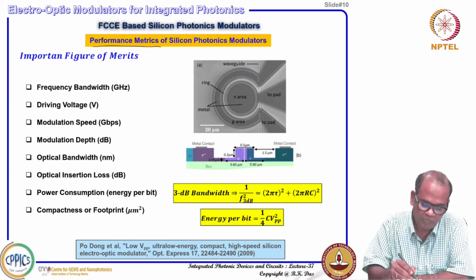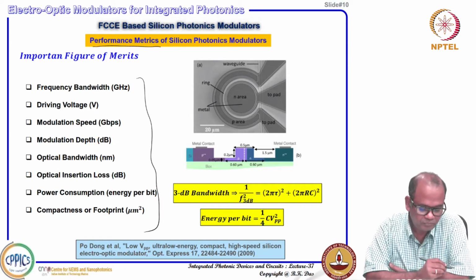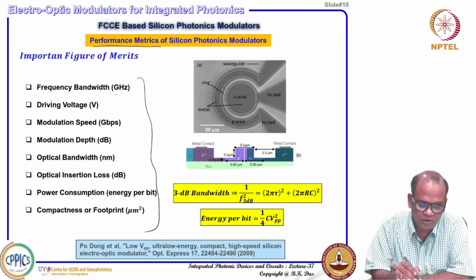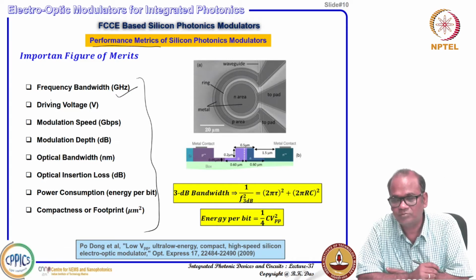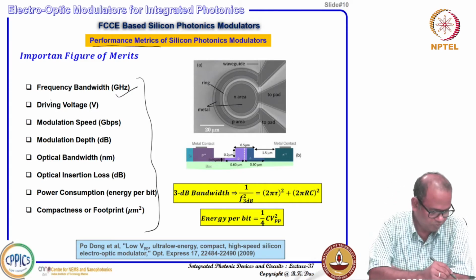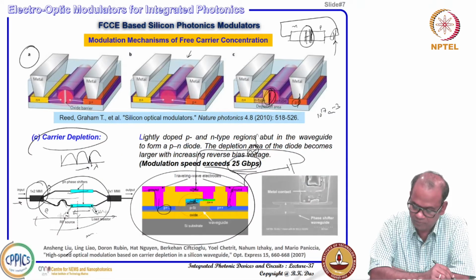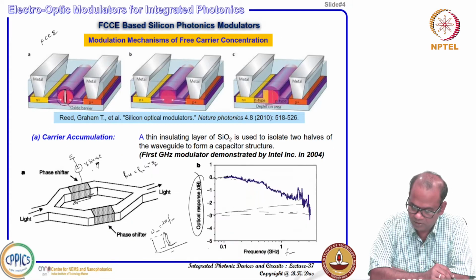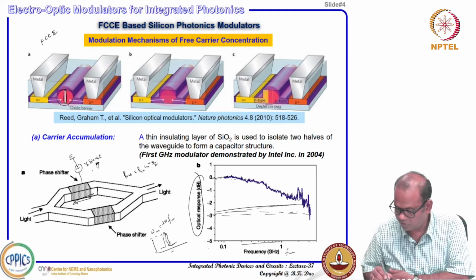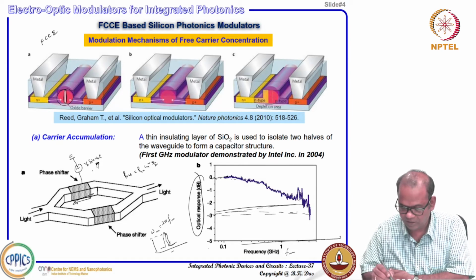You have to keep in mind that your frequency bandwidth should be as high as possible. I have shown one characteristic here. You remember that? This bandwidth should also operate at very high frequency. You should see that it comes out flat like this.